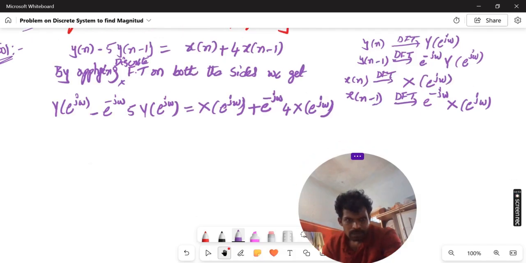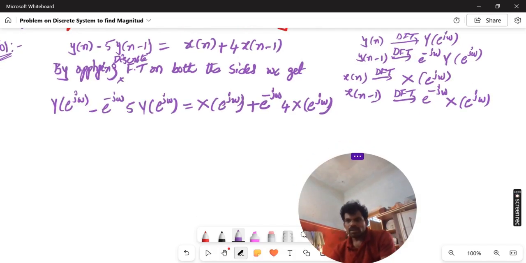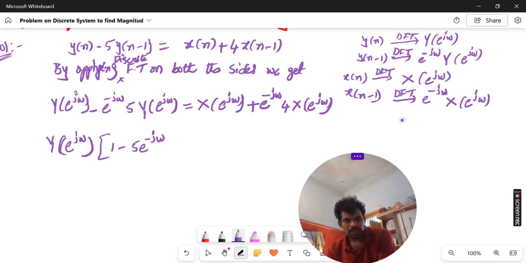Now let us take common on the LHS, Y of e power j omega. By taking common Y of e power j omega, what we will get? 1 minus 5 into e power minus j omega.